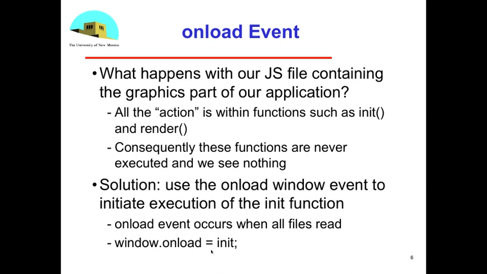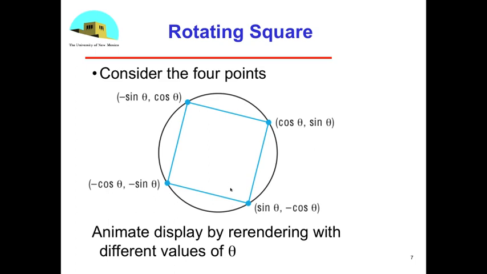So let's do a little example of that and see what else we have to do in our code. A simple example I have is a rotating square, and there are various versions of this on the website. I'll run some of them in the next lecture, but it's a very simple example. It says, okay, if you have a point on the unit circle, so it has coordinates cosine theta, sine theta, and you can see that's obviously on the unit circle because cosine squared plus sine squared equals 1.